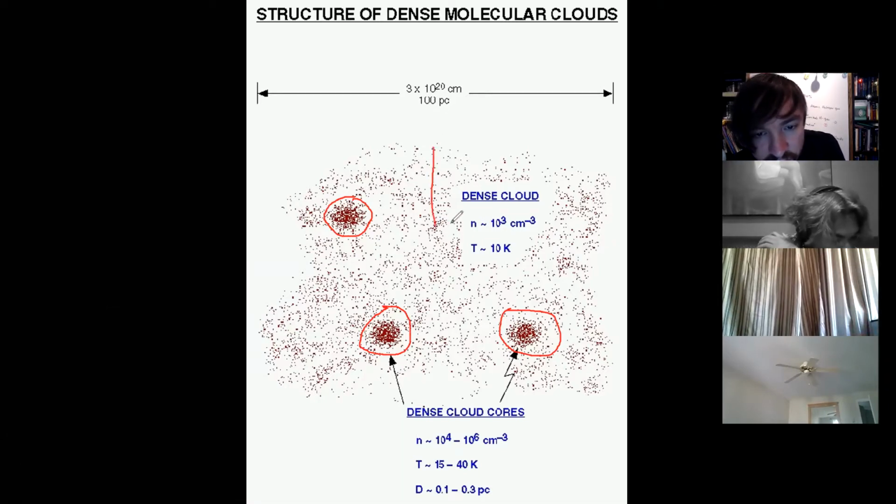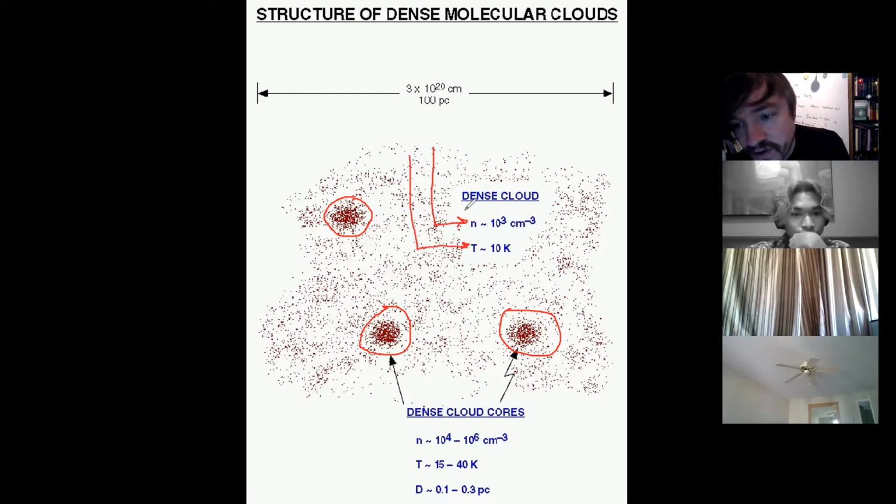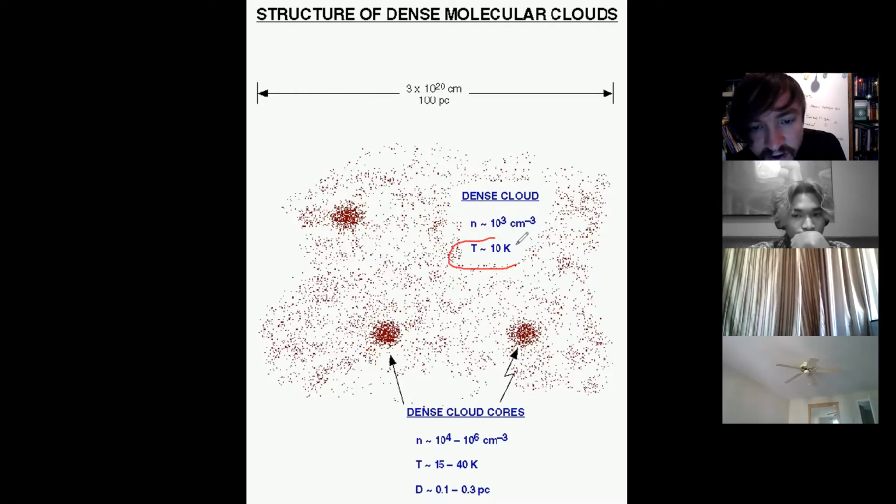Usually the two properties you can measure from your molecular cloud are the number density and the temperature, using spectroscopy or some radio telescopes. Typically within the cloud, temperatures are very cold, only 10 Kelvin. We're talking about outer space here. This isn't warm gas.